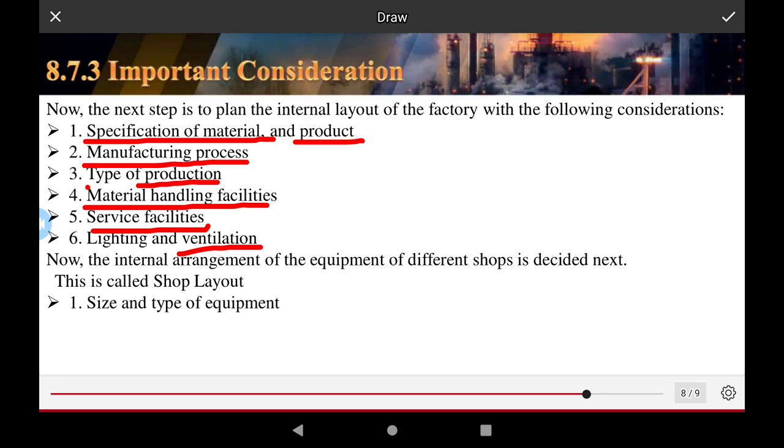The industrial arrangement of equipment is called the shop layout. The size and types of the requirement of the class.